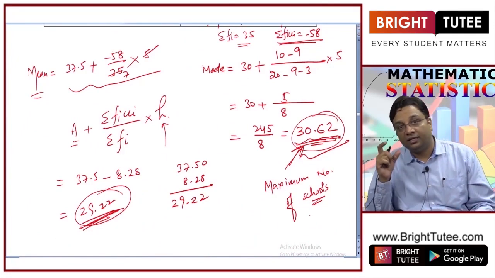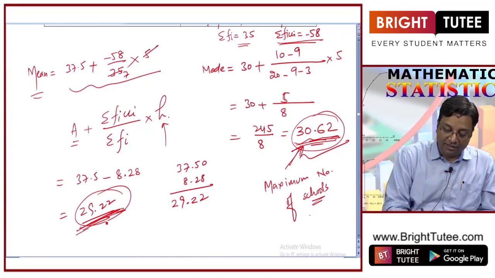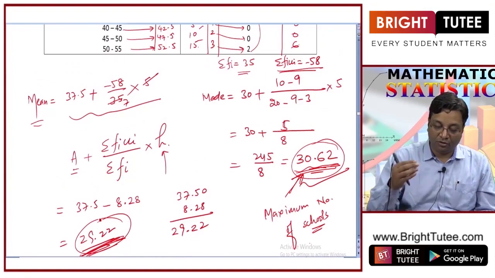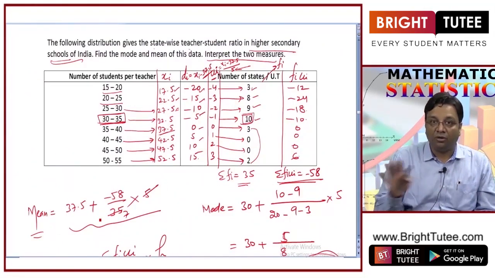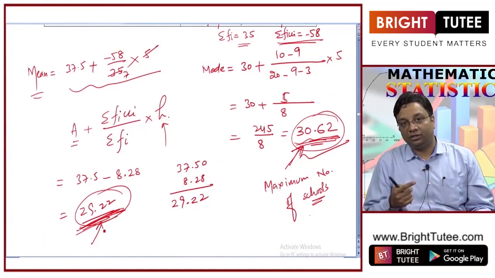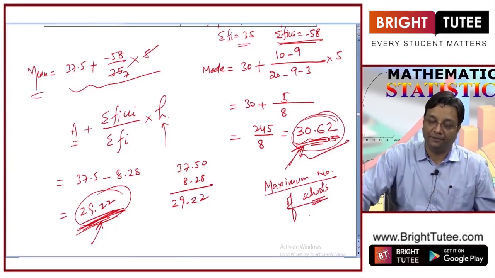So, notice the word maximum number of schools, right, and mean signifies the average of teacher student ratio in all the schools. Okay. So, this gives you the average of teacher student ratios in all the schools, and this is the teacher student ratio in maximum number of schools. Okay.